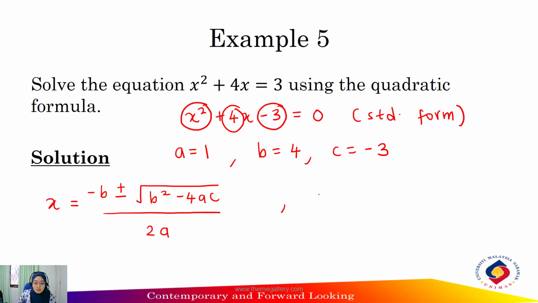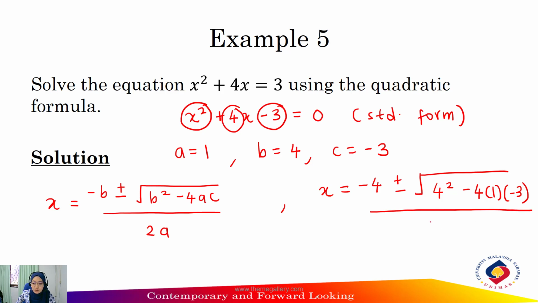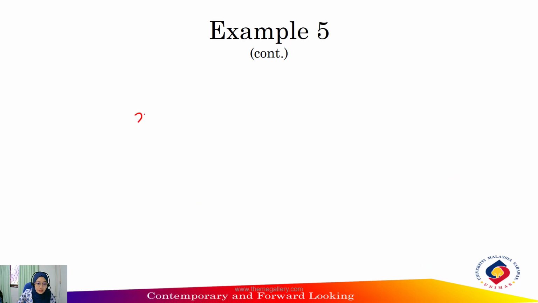So you just substitute: x equals negative b, so negative 4, plus minus the square root of 4 squared minus 4ac, 4 times 1 times negative 3, divided by 2a, 2 times 1. x equals negative 4 plus minus square root of 28, divided by 2, so x equals negative 2 minus square root of 7, or x equals negative 2 plus square root of 7.